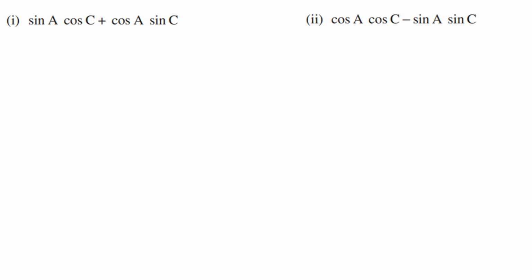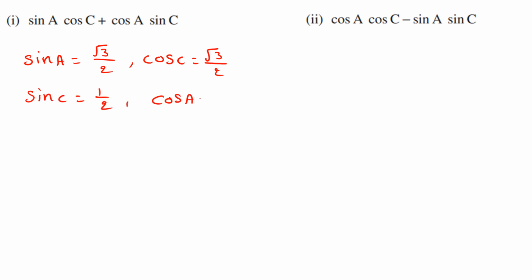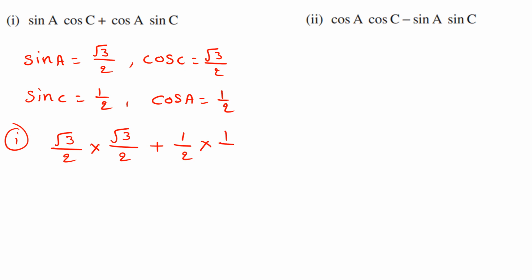Now let us see the first question, sin A cos C plus cos A sin C. So write those values again here. Sin A equals root 3 by 2 and cos C equals root 3 by 2, right? And sin C equals 1 by 2 and cos A equals 1 by 2. So substitute those values in the first question. Sin A means root 3 by 2, into cos C, root 3 by 2, plus cos A means 1 by 2 into sin C, that is also 1 by 2, right?